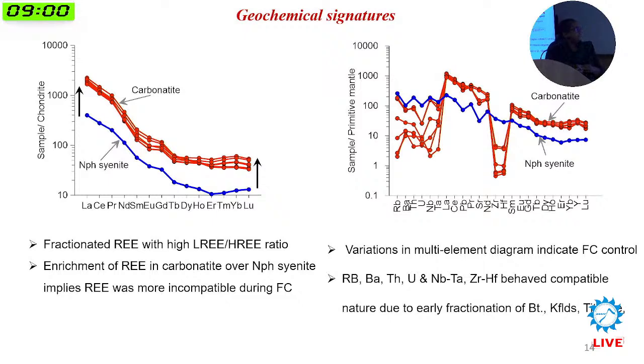So basically there is a possibility that most of the REEs are accommodated within the carbonatite in the late phase of crystallization, whereas they have low values of LILE because these may be in the nepheline syenite crystallization in the early stage. They are accommodated within the biotite, titanite, K-feldspar like this.